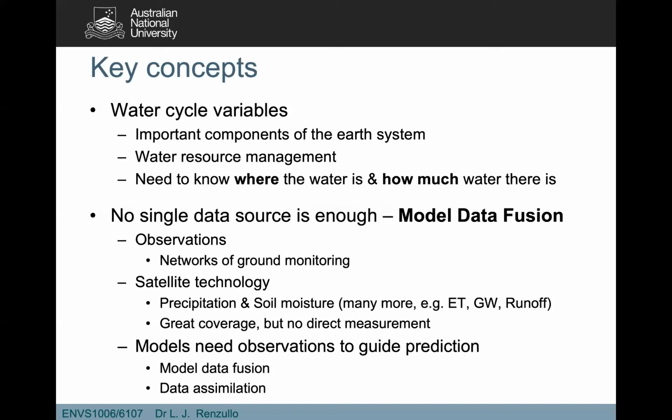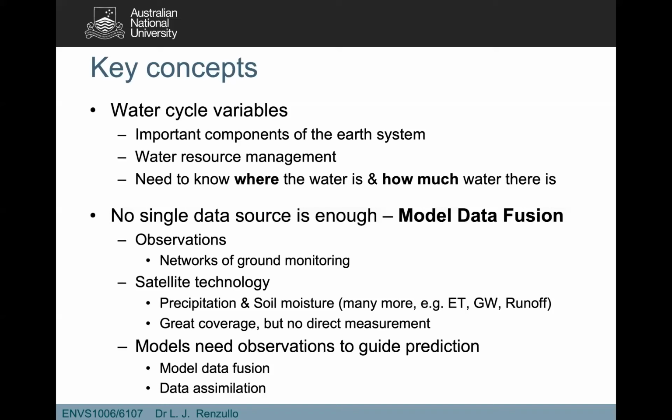The idea is satellite technology can provide estimates of key water cycle variables. Their quality, however, we don't know, because these are never direct measurements of the thing we're interested in. We always have to convert what the satellite measures into a quantity like rainfall, soil moisture, or evapotranspiration, and that can introduce errors.